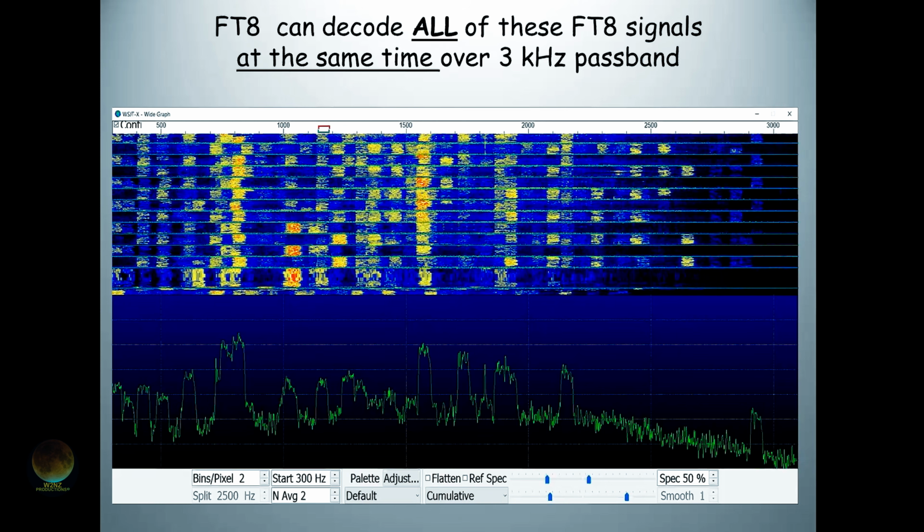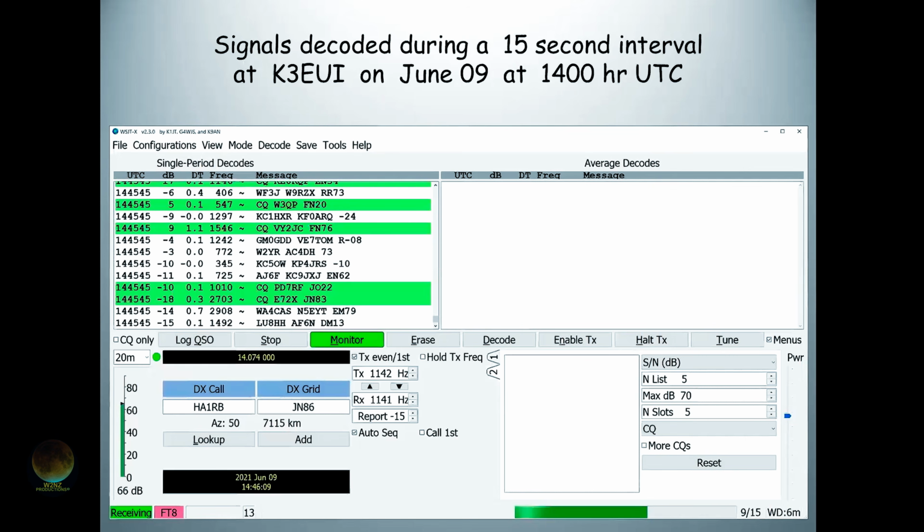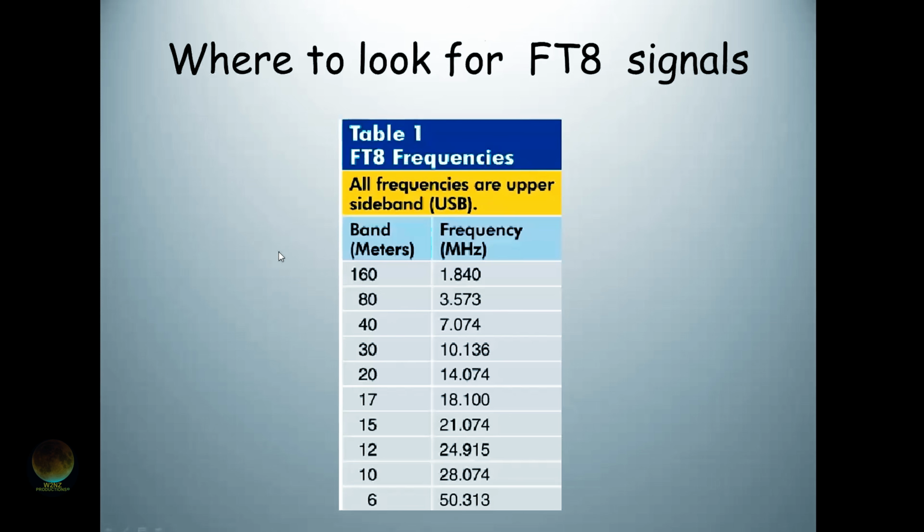If I'm listening on CW at a contest and I hear like 5 signals, I can't figure out which pitch I want to concentrate on. FT8, the software that is, separates all these out and prints them. This is what I just heard. So in about 15 seconds, FT8 decoded all these, CQs are in green. Anyway, you can see why FT8 is so important.